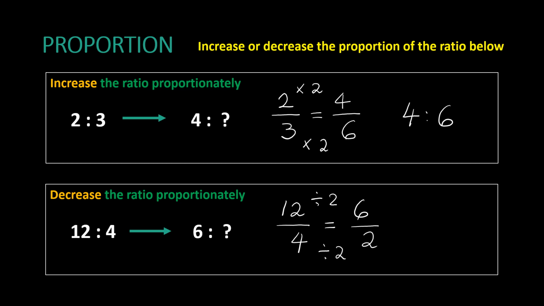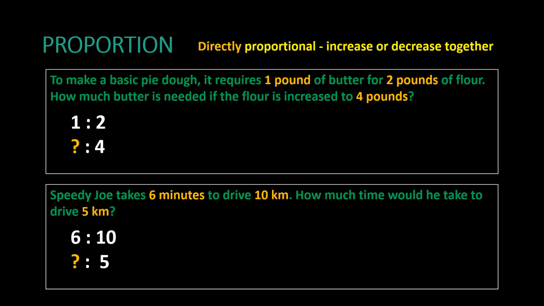So the answer would be 6 to 2. So we have seen how proportion can increase or decrease. This type of proportion is called directly proportional.